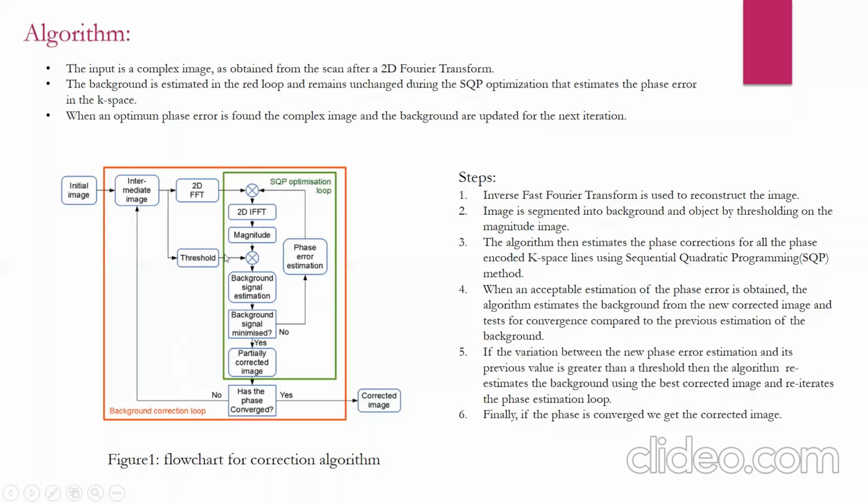If the variation between the new phase error estimation and its previous value is greater than a threshold, then the algorithm re-estimates the background using the best corrected image and reiterates the phase estimation loop. These two loops run continuously, and if the phase is converged, we get a corrected image.